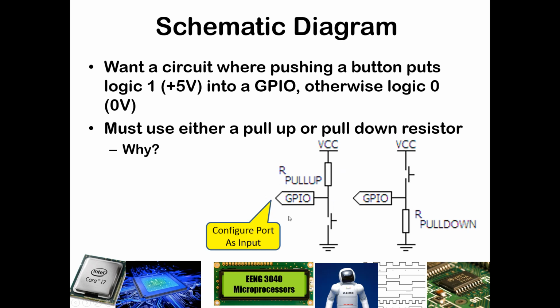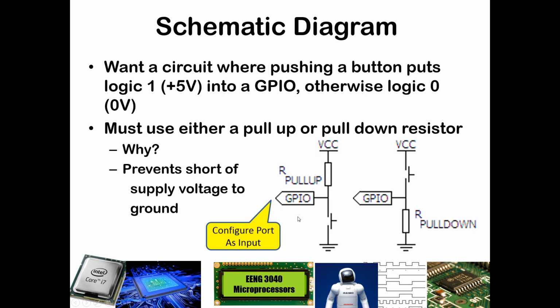When you configure your general purpose input-output pin to be an input, it has a high impedance, and this high impedance is a much larger resistance than the pull-up resistor. If you think about this forming a voltage divider between the relatively low resistance of the pull-up resistor and the high internal impedance of the general purpose input-output pin, this voltage divider will yield most of VCC coming into the GPIO.